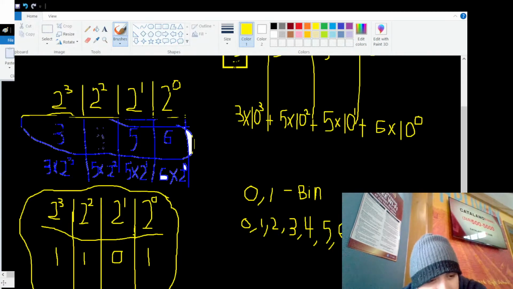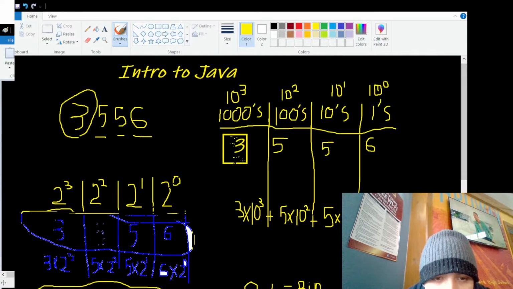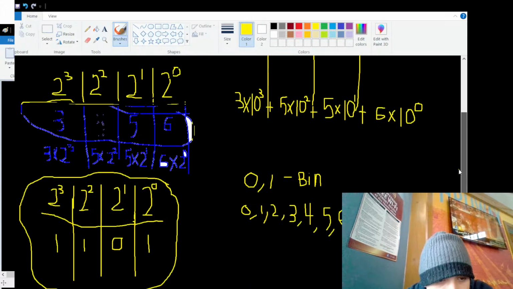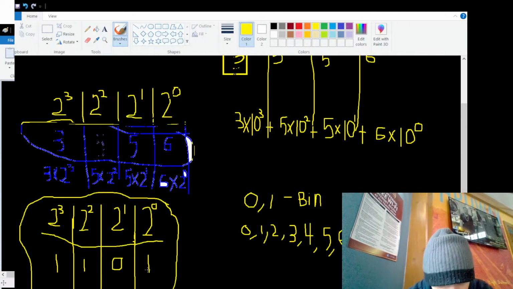Just like the base 10 system, where 3 is within 0 through 9, times 10 to the 3rd, plus a 5, which is in the base 10 system, times 10 squared, plus 5 times 10 to the 1, plus 6 times 10 to the 0, here we have a 1, a 1, a 0, and a 1, all within the binary system. So it checks out. Let's see if we can do it.